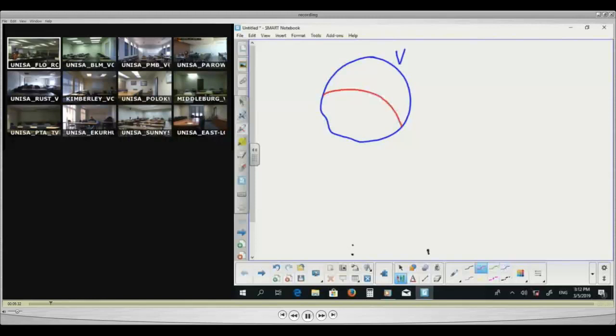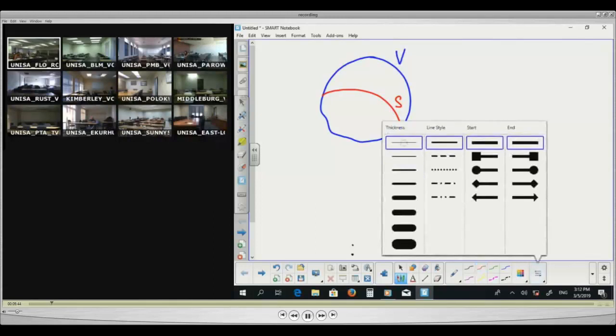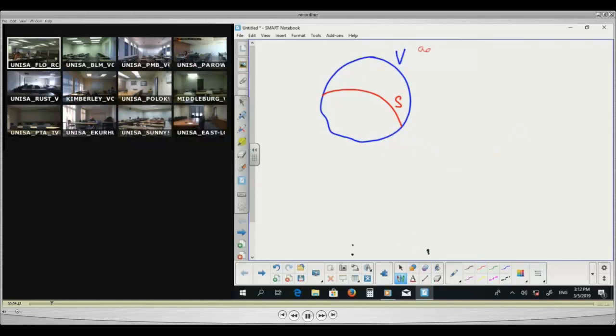It comes with its own scalar multiplication.